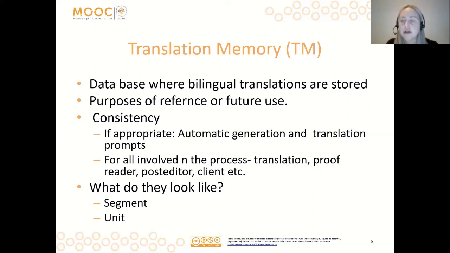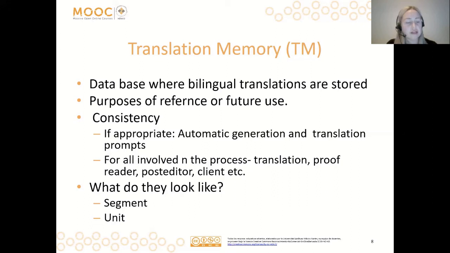Let's think of our tables that contain rows and columns. Each row will have a segment in it. So the segment is the smallest unit of text that can be understood on its own. So I should be able to read that segment and not need any other information to be able to understand what I'm referring to.